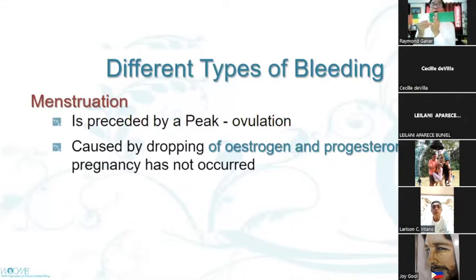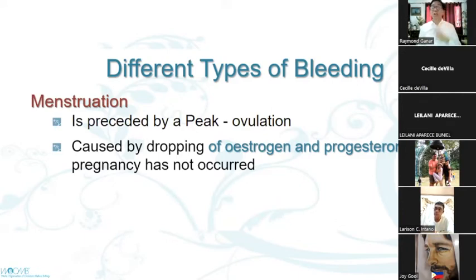So during the luteal phase, these 2 hormones are high. They will gradually drop 11 to 16 days after the peak. So the moment progesterone and estrogen drop, it means menstruation will now commence.